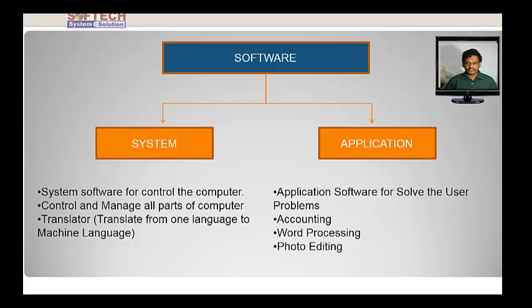So word processing, that is MS Word, helps the user, because the user can create a document through Word. In accounting software, the user can create accounts and manage the accounts. Photo editing also helps the user. But translators and operating systems all help the computer system. So these are all system software.